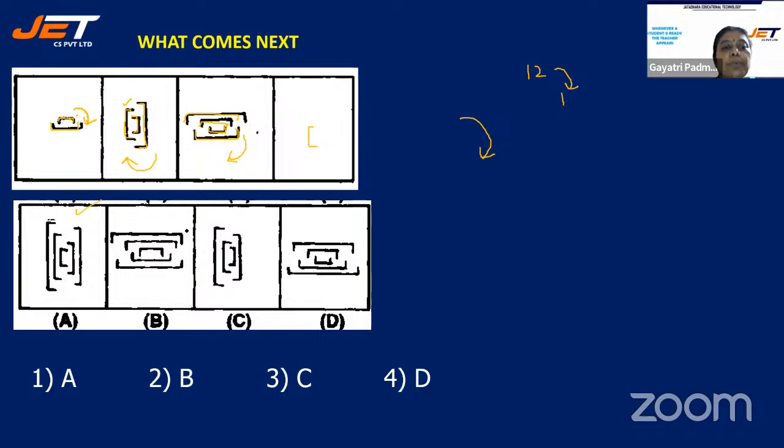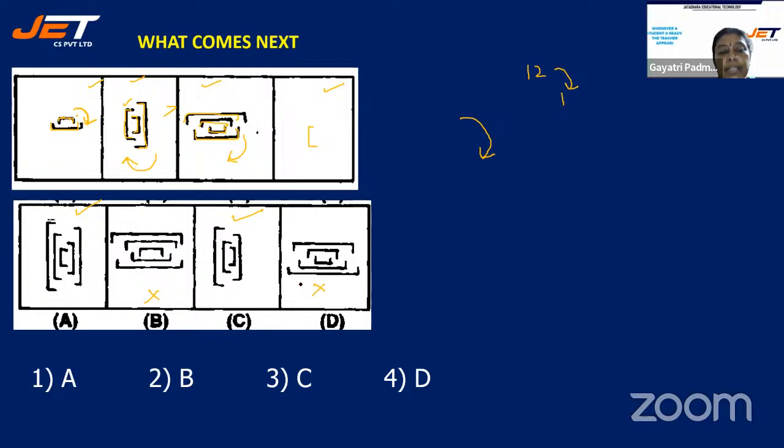So your answer could be either A or C. It cannot be B because when you move the first figure clockwise, from the first one, you end up in the second one, isn't it? So this is the first, second. Again, you are moving clockwise, which shows vertical. So the next should be in a standing position only. So standing position is only A and C and not B and D.